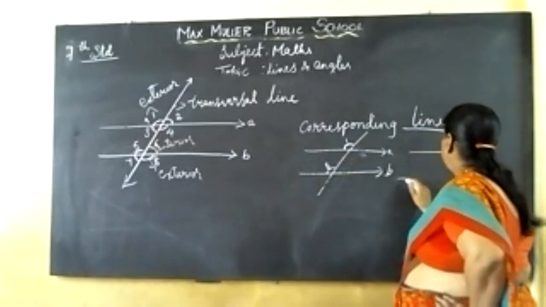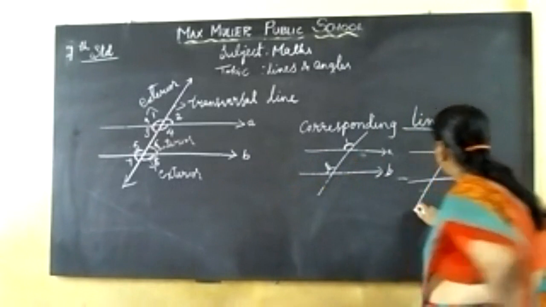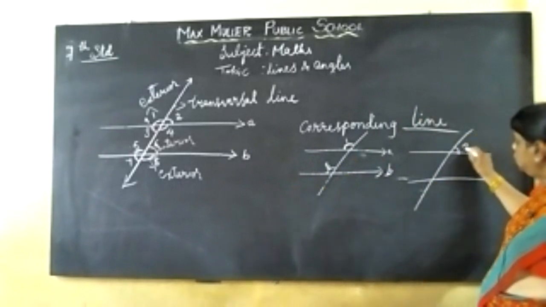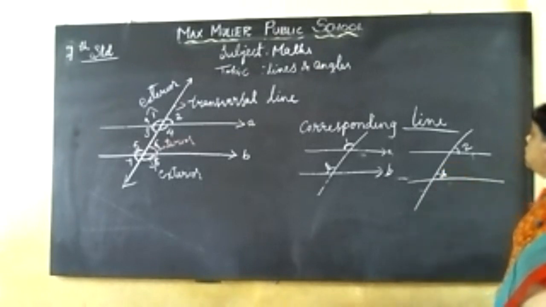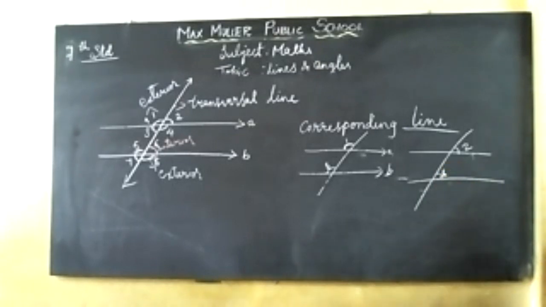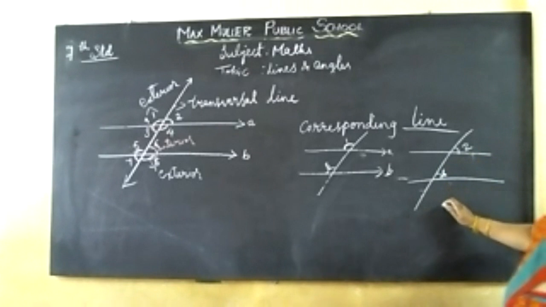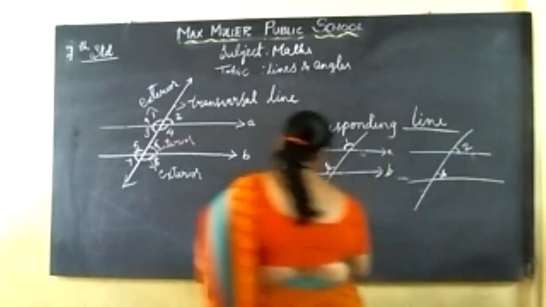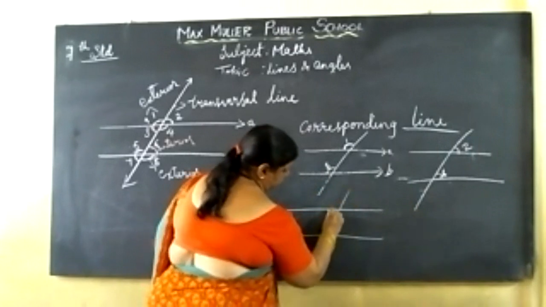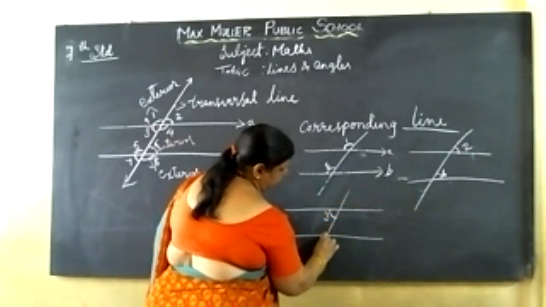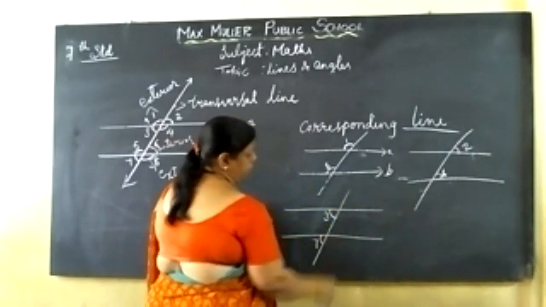Another angle I'll show you. Here, angle 2 and angle 6. This is corresponding. Angle 2 and angle 6. Here next is angle 3 and angle 7.